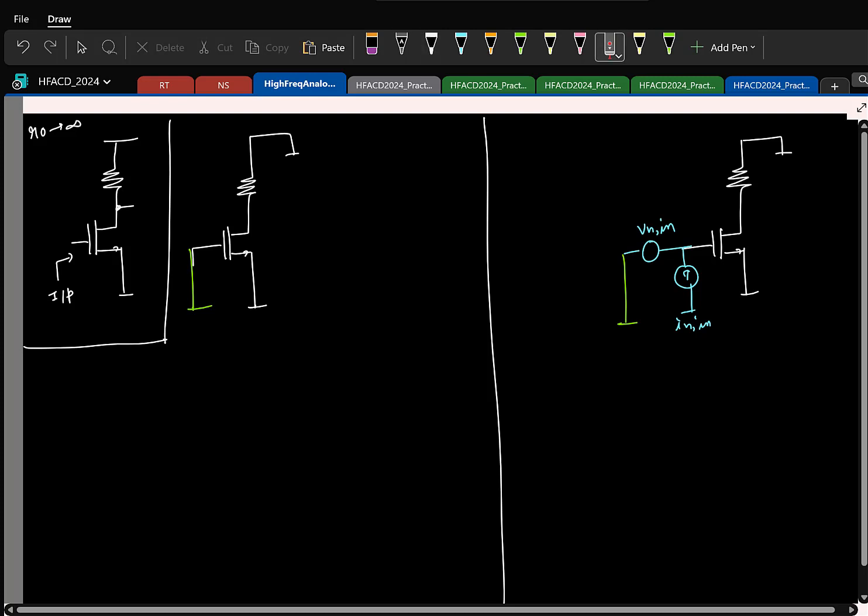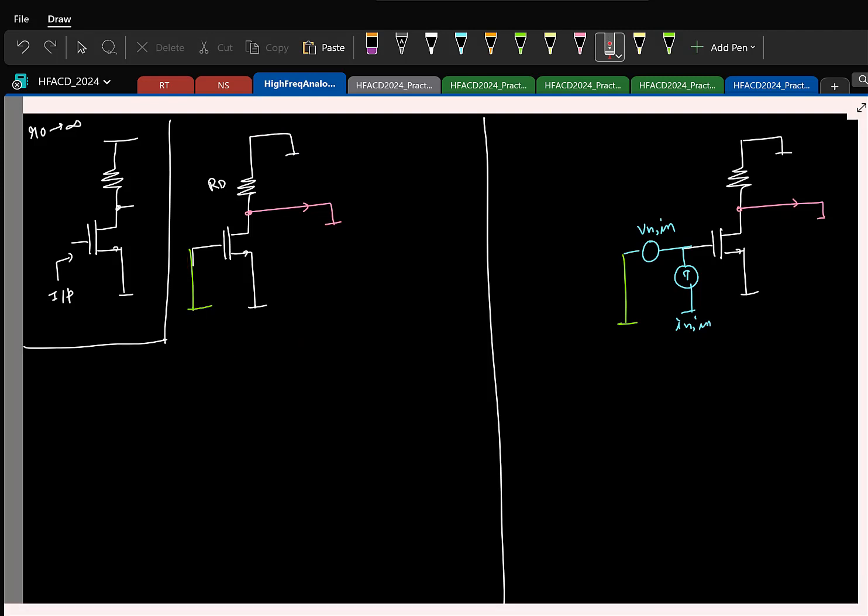So again, you can either find the open circuit voltages here or the short circuit currents. So typically finding currents are easier in some cases, so let's do it with short circuit current. Right. So again here, if I call this RD, how many noise sources are there in the network? I mean, resistor is there and MOSFET is there, right? So to model the noise due to each of them, let's start with resistor.